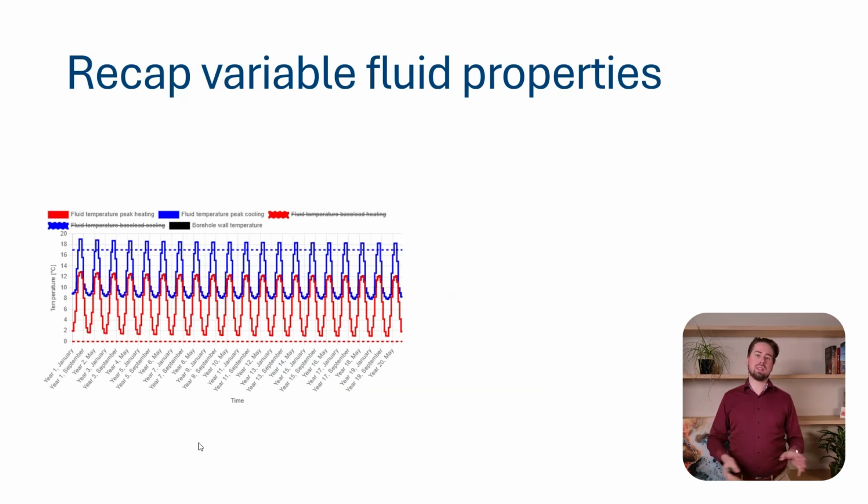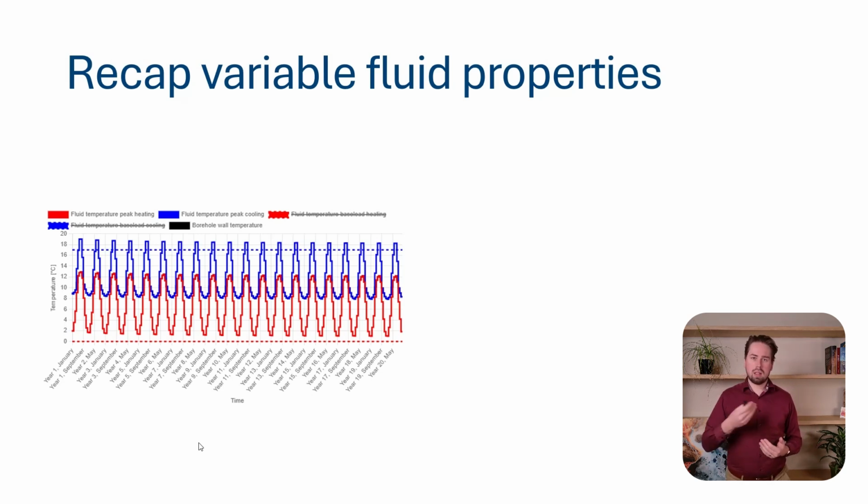So we had a borefield that was designed with constant fluid properties, with a constant Reynolds number and borehole resistance as a consequence. And what we saw was that our maximum temperature exceeded the limits. So basically, we would conclude, yeah, this borefield is not sized correctly. We cannot guarantee that we have enough cooling because we go above our temperature limit.